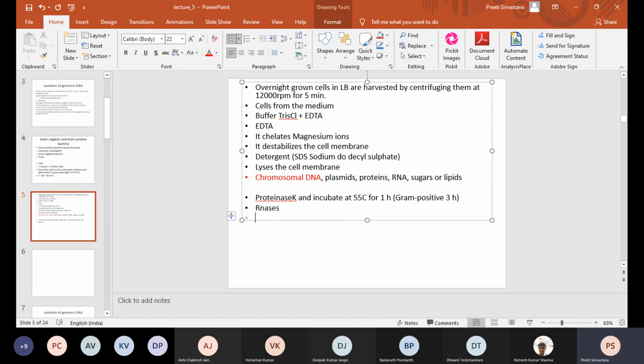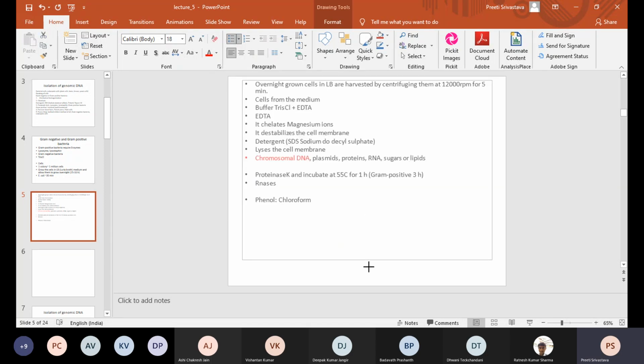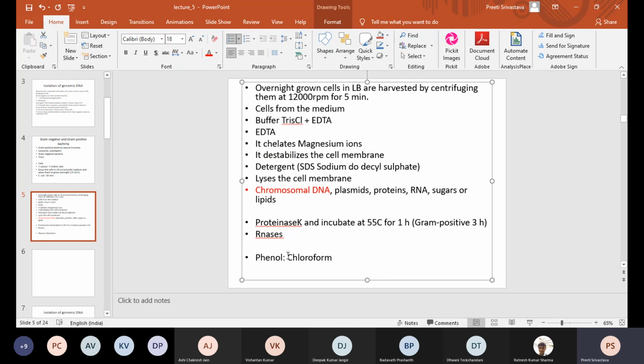For this purpose, we prepare a solution of phenol to chloroform. So what is phenol and what is chloroform? The phenol is Tris-saturated, which means it has an alkaline pH.